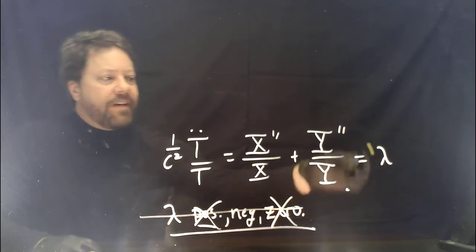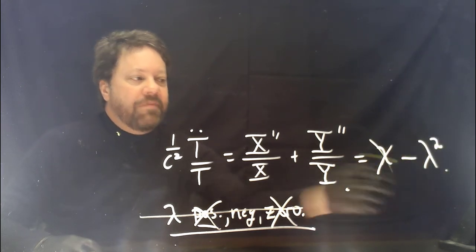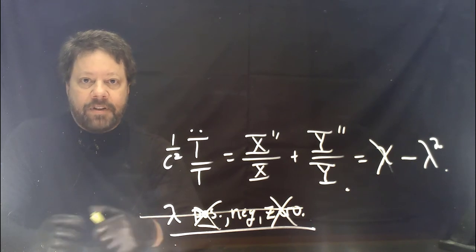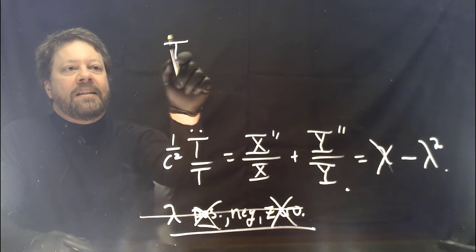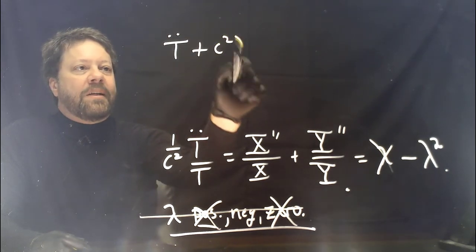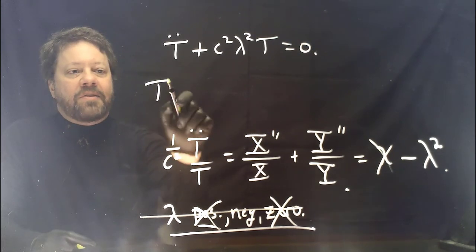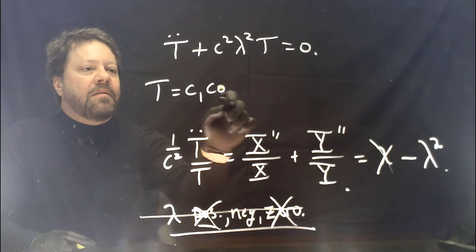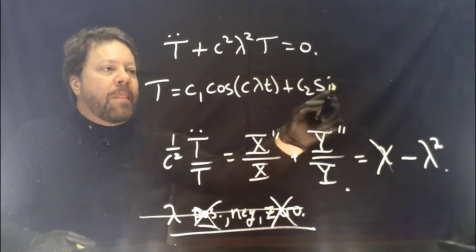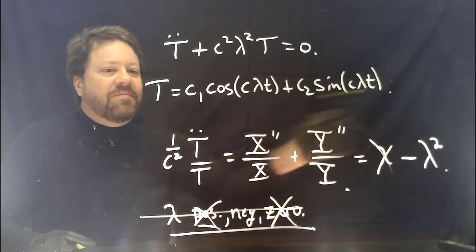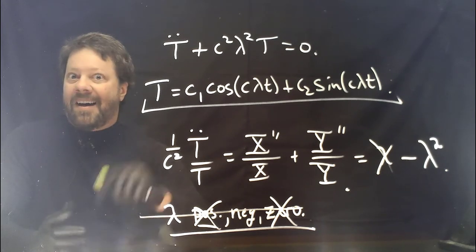And that's why instead of writing this as just lambda, let's write this as minus lambda squared, emphasizing that a negative is physically appropriate in this case. Under these conditions, we get t dot dot plus c squared lambda squared t equals 0, which has the solution c1 cosine of c lambda t plus c2 sine c lambda t, allowing for an oscillating membrane.